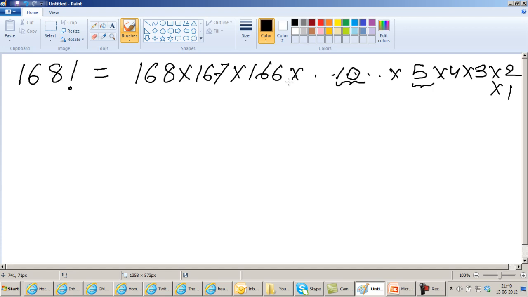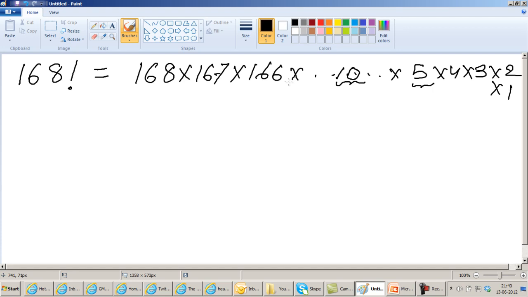Then 50 will have again 2 5s. 75 will have again 2 5s, right? 100 will have again 2 5s, and then when you come to 125, 125 will have 3 5s, okay? And then of course 4 5s will only come when you have 625.